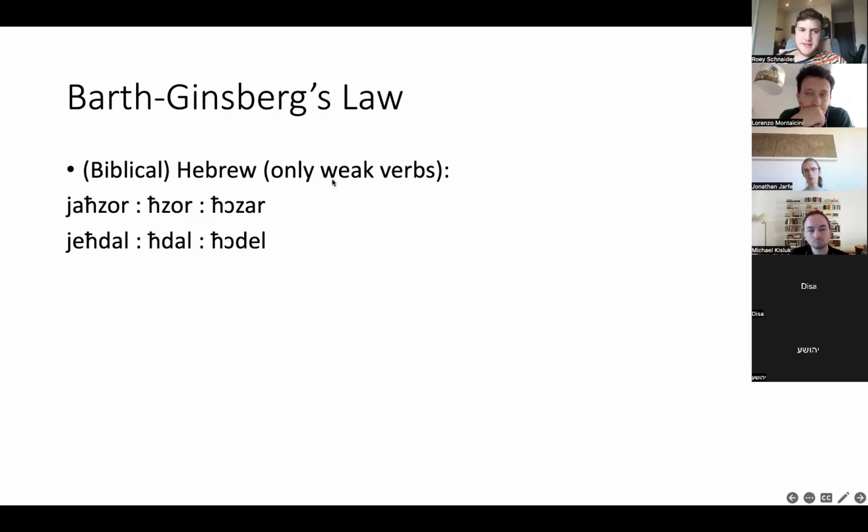And it says that historically there should have been an A vowel where there's an U vowel after it or an E vowel after it, but an E vowel when there's an A after it. We don't see it in Hebrew in most forms, but we can see it in the first guttural verbs, for example. So yahzor as opposed to yehdal. So yaprus, ibras.